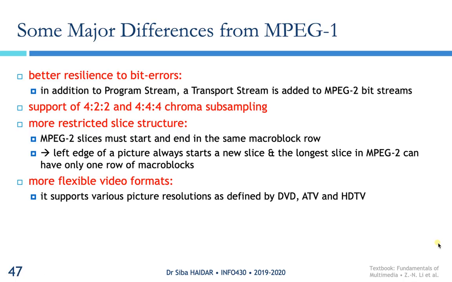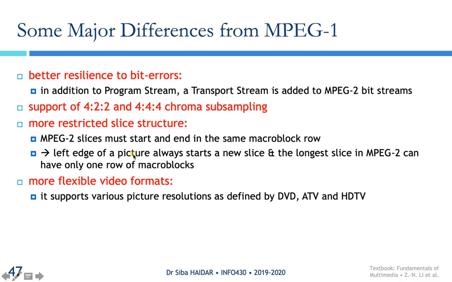Now we will see some major differences from MPEG-1. By reference to MPEG-1, what are the differences in MPEG-2? They have better resilience to bit errors. It now supports 4:2:2 and 4:4:4 chroma subsampling. It has a more restricted slice structure. An MPEG-2 slice must start and end in the same macroblock row.